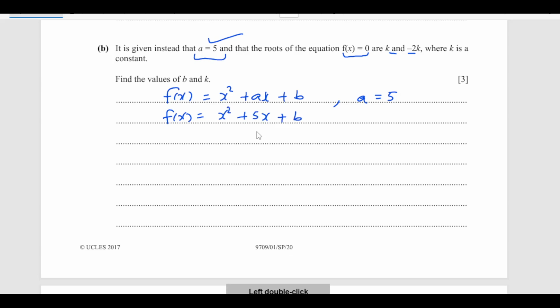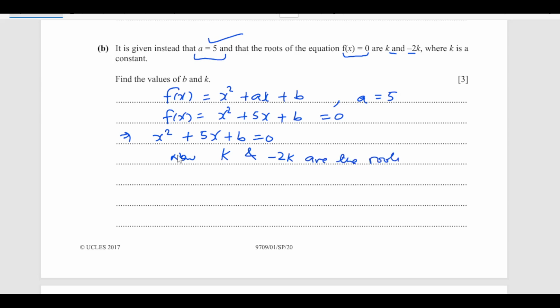Now, f(x) is 0, so this means this is equal to 0. Let me rewrite: x squared plus 5x plus b is equal to 0, right. Now, because k and negative 2k are the roots of this equation, that means x minus k and x plus 2k are the factors of f(x), right.